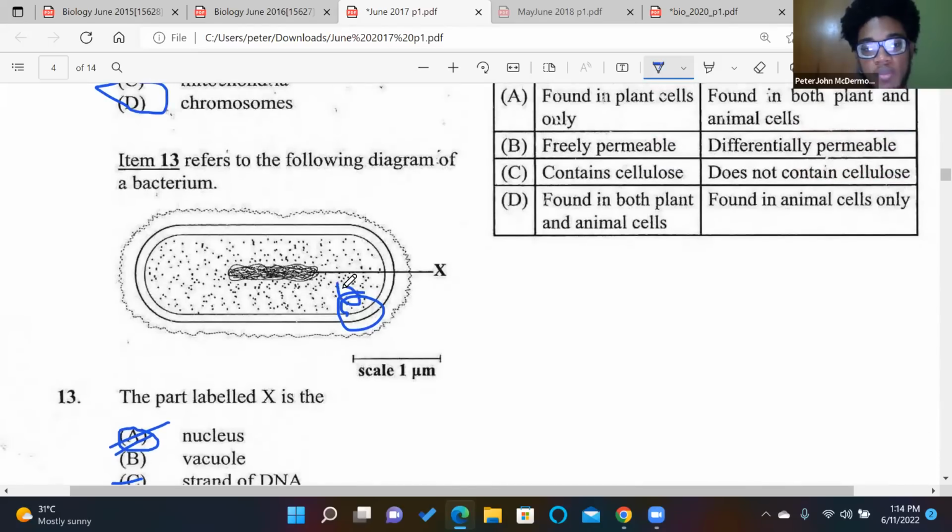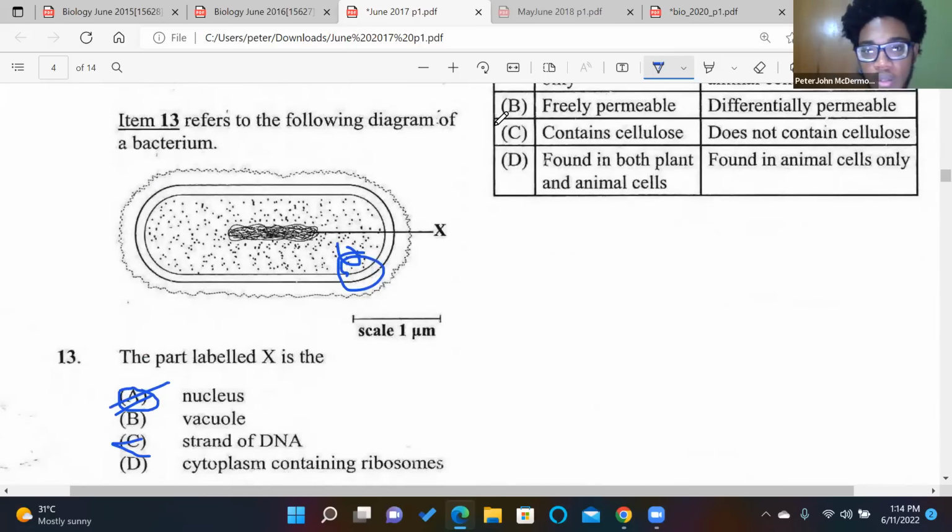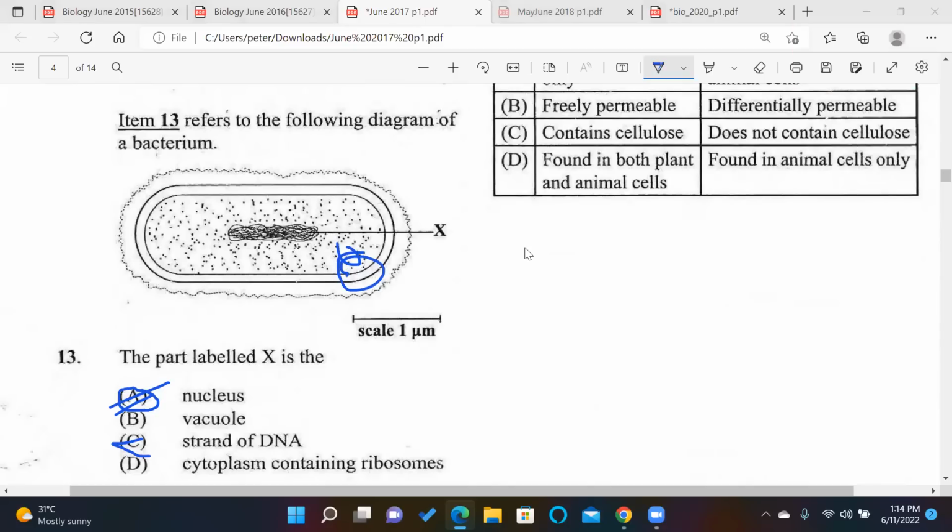That's just the cytoplasm with the ribosomes. What is the cell wall of a bacteria made of? Do you know? It's made of peptidoglycans.